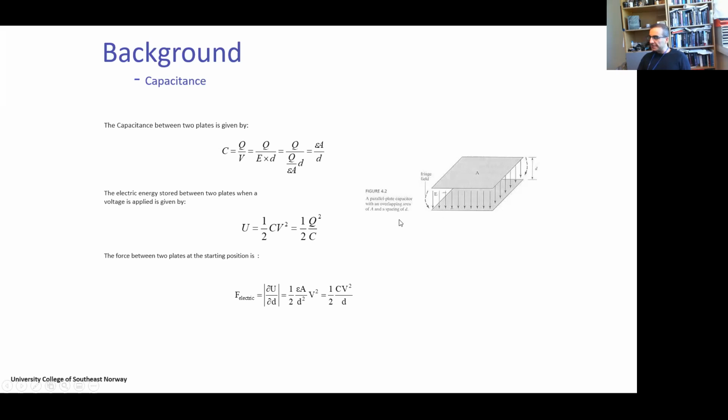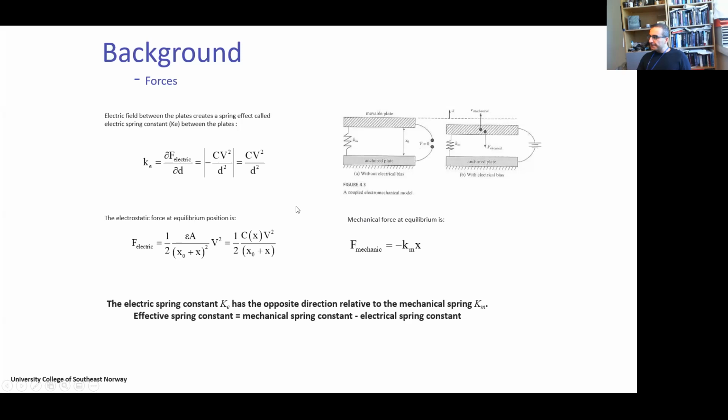In systems and sensors, we normally place a spring between the non-movable plate and the movable plate, and when we apply the voltage, let's say the polarity is such that these two plates are pulled toward each other due to the electrical force, then the spring will have a mechanical force.